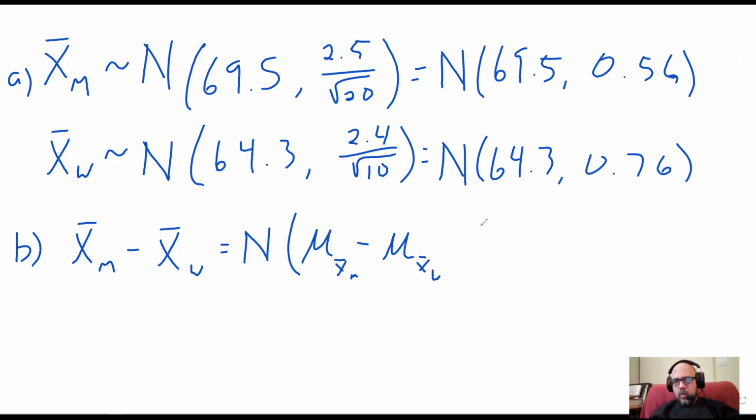I hope it's clear what that means. But if it's not, what I mean is the mean of the sampling distribution of X bar M, which is 69.5. And this is the mean of the sampling distribution of X bar W, which is 64.3.